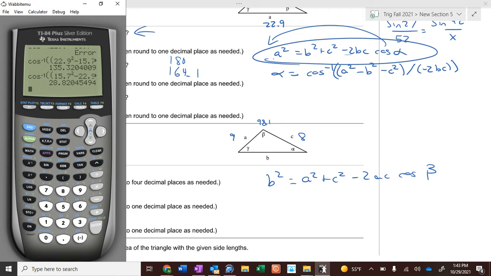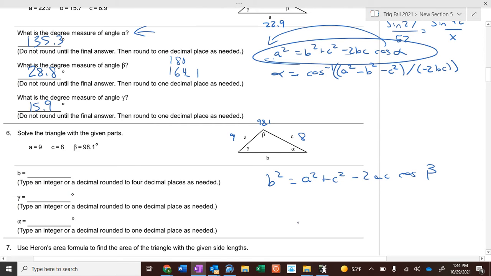So a squared is 9 squared, or 81, plus 64 minus 2 times 9 times 8 cosine of 98.1. You get an answer that's too big to make sense, and then you realize, oh, that's what b squared is. So then you take the square root of your answer, and you get 12.9.